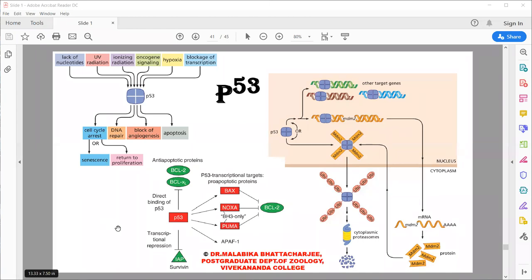At times, there are also recent reports that p53 is a transcriptional activator of APAF1. So p53 plays a very central role in increasing the expression of the pro-apoptotic proteins and the only BH3 proteins on receiving any kind of apoptotic signals.